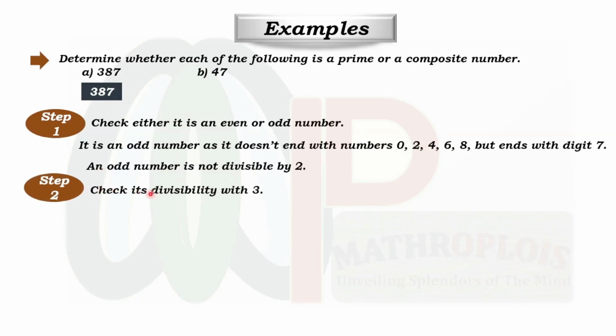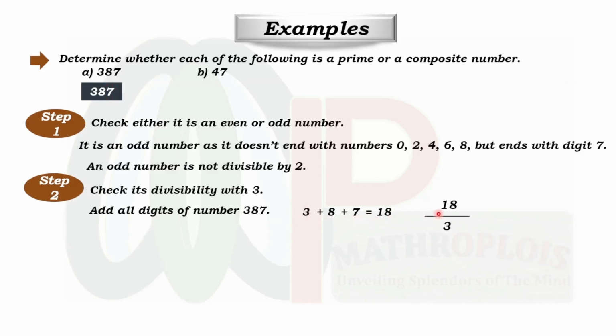In step 2, we will check its divisibility with 3. Add all digits of number 387. First digit is 3, plus second digit 8, plus third digit 7. The sum of these three digits, 3 plus 8 plus 7, is 18.